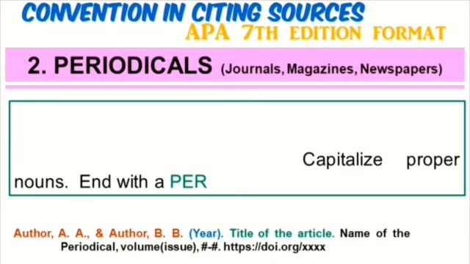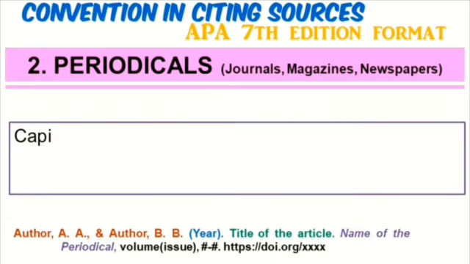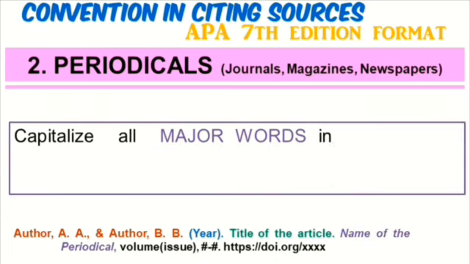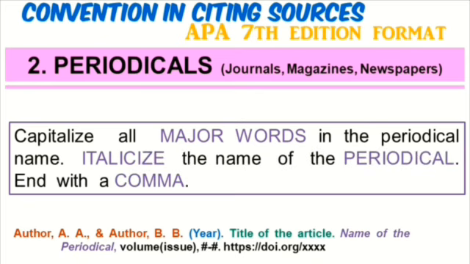Capitalize proper nouns. End with a period. Do not italicize. For the name of the periodical, capitalize all major words in the periodical name. Italicize the name of the periodical. End with a comma. See format below.